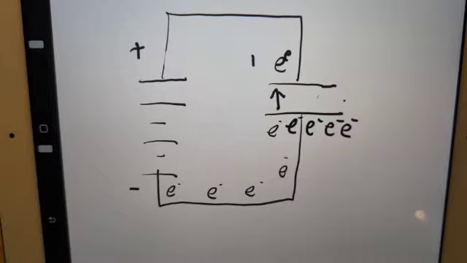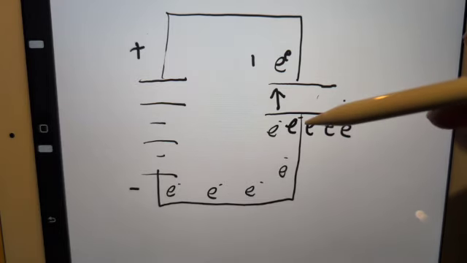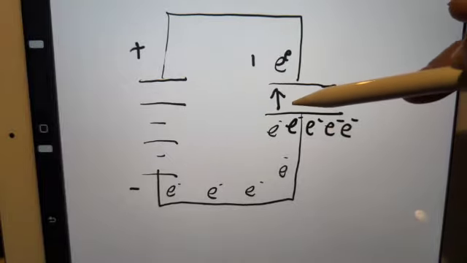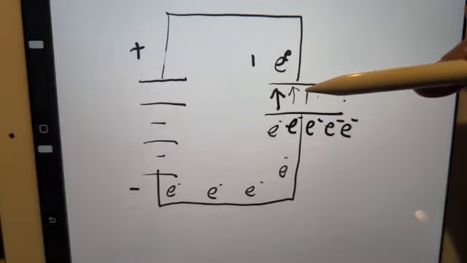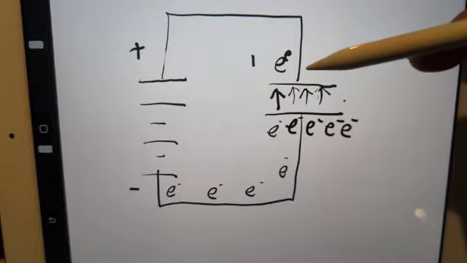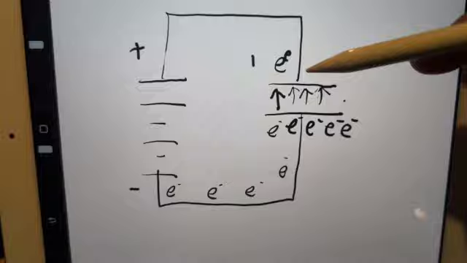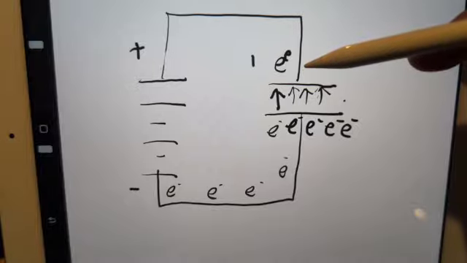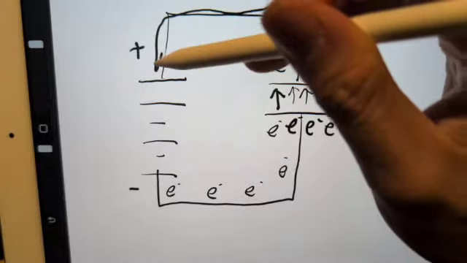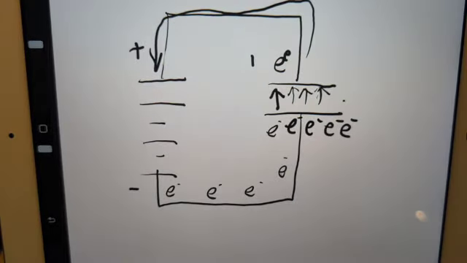But at the same time, because there's so much negative charge, there's a buildup of electromagnetic force here. On this side of the plate, electrons can be pushed out, and they go this way back into the battery.